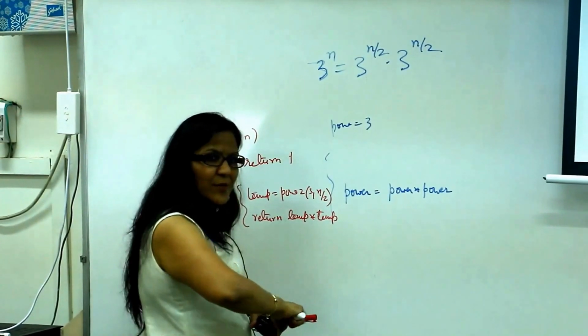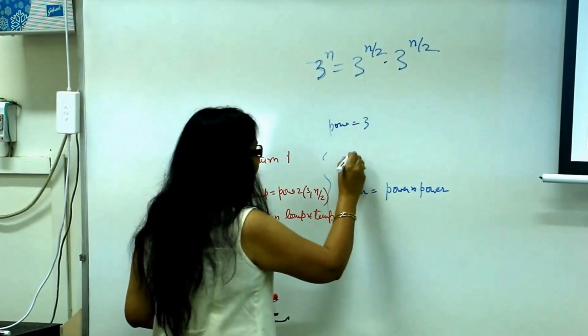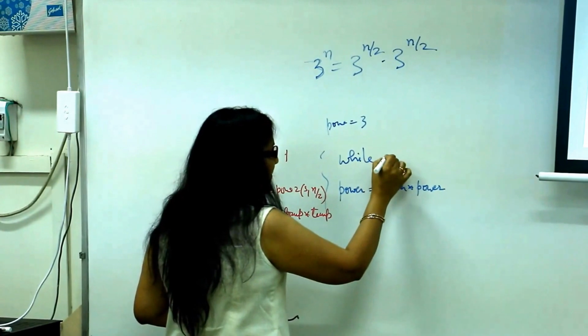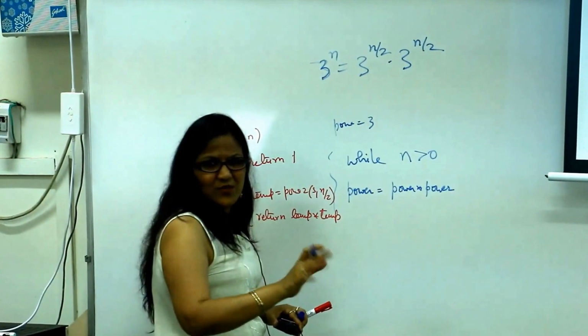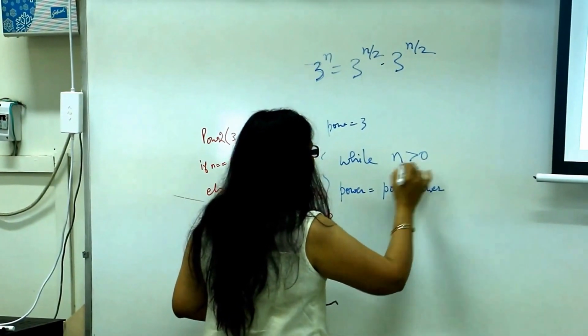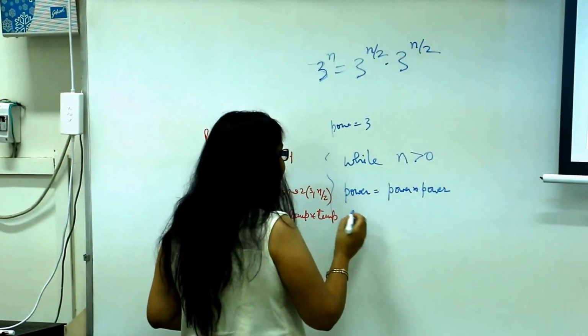So that gives you the number of iterations. So what she is doing is, while n is greater than 0, equality does not matter, so we will not get into that.